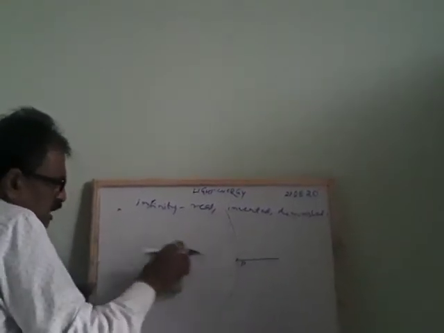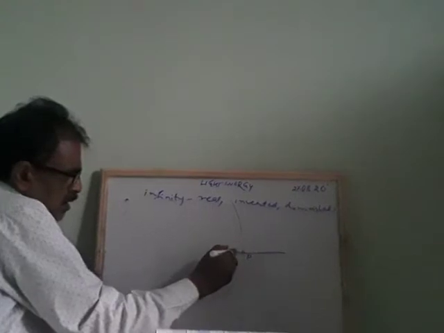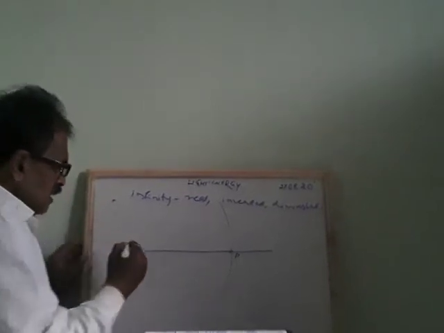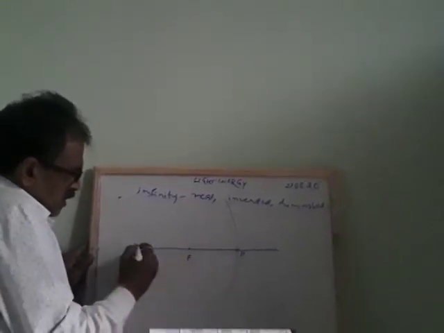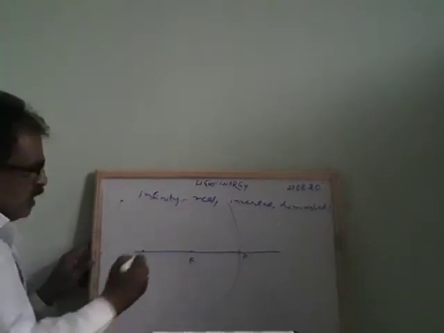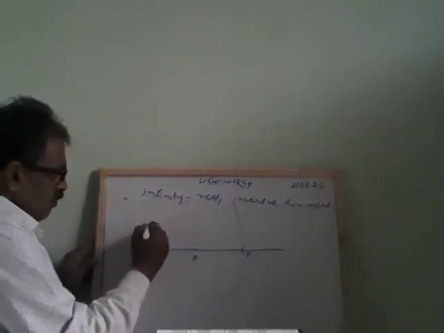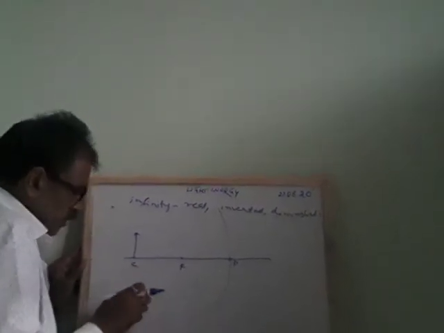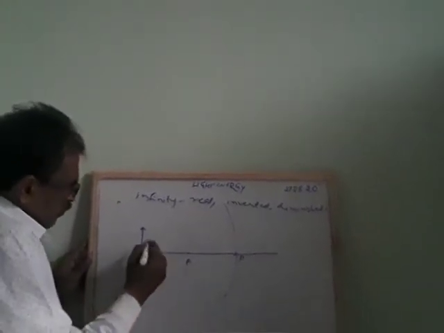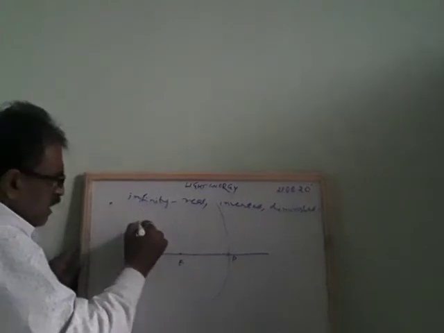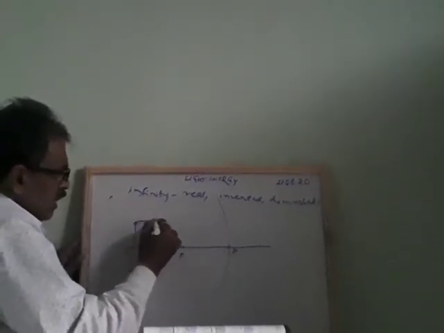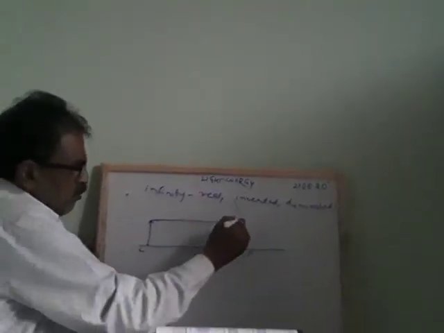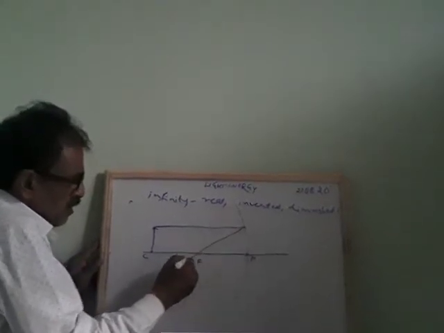This is C. The rays fall parallel here, the rays strike and come back, and they will pass through the focus.